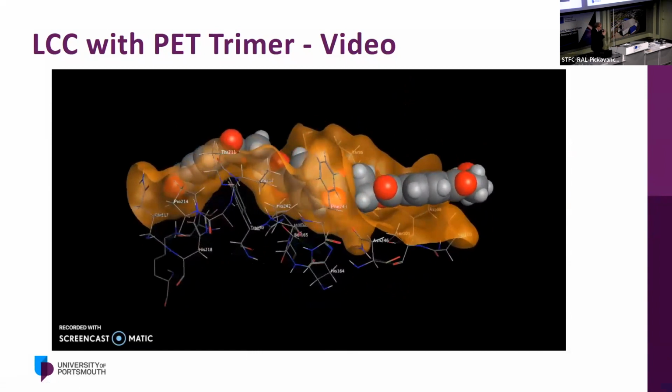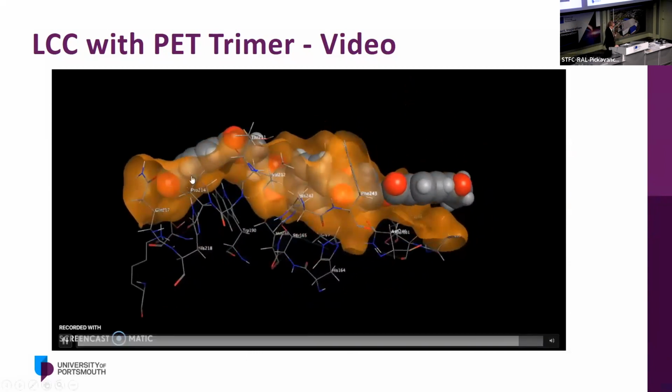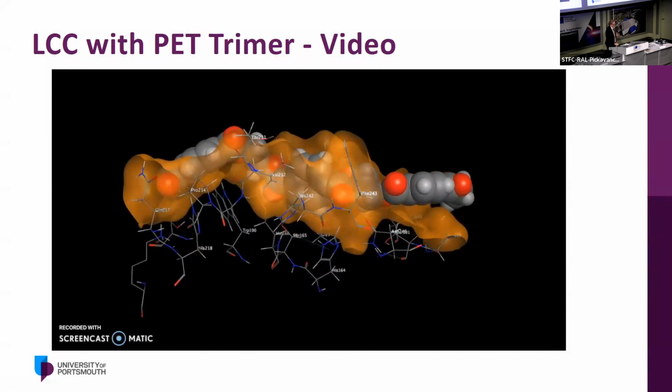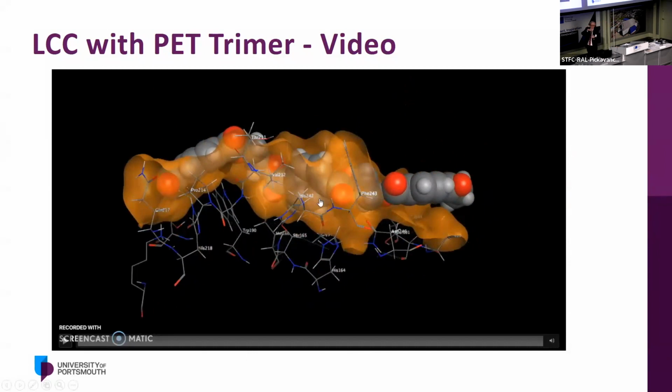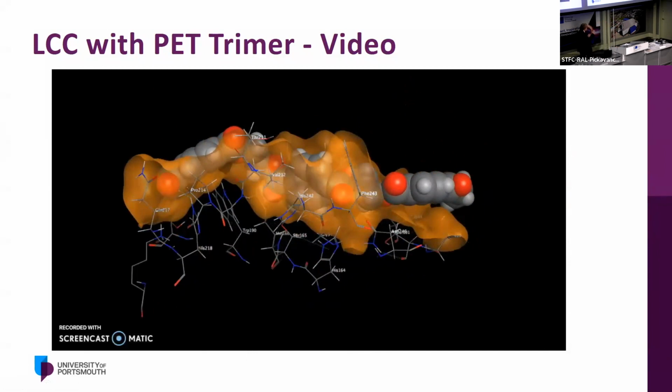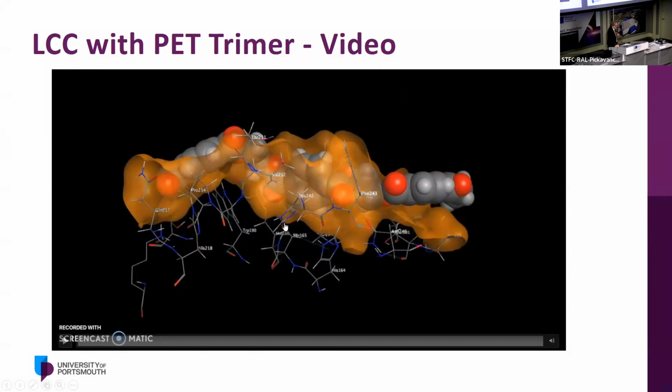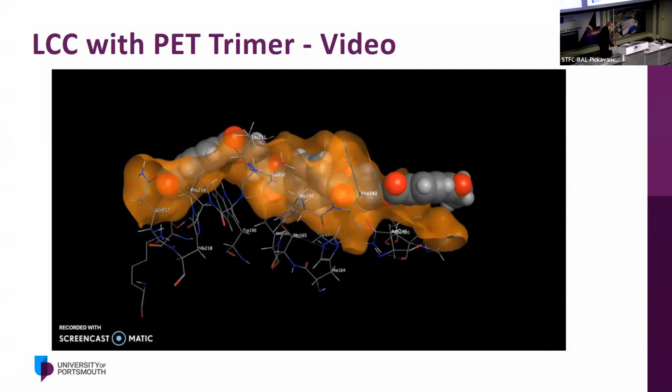But if you look at the two units next to it, you can see that they have to effectively rotate at 60 degrees to the central one in order for that carbonyl group in the middle to get close to the serine unit within the enzyme.